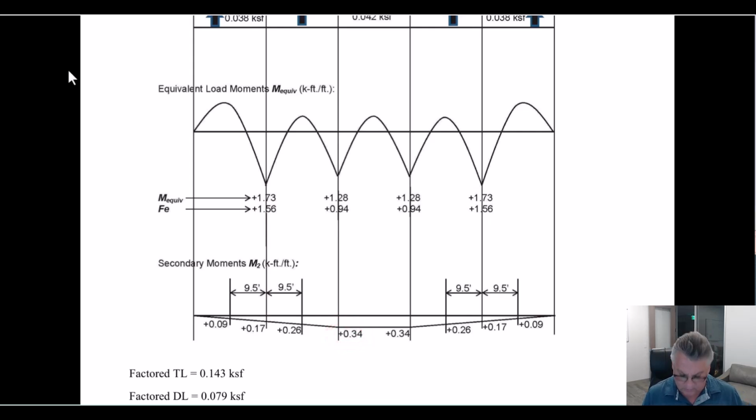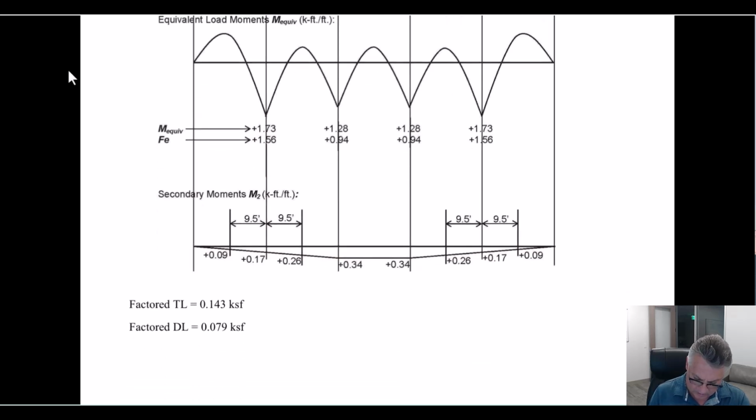So if you will recall, any normal layout of force and profile creates a secondary moment diagram that has the tension on the bottom. And that's what we have just proven here. The secondary moment diagram is entirely a tension on the bottom moment diagram.